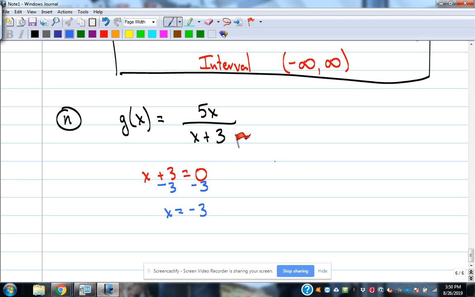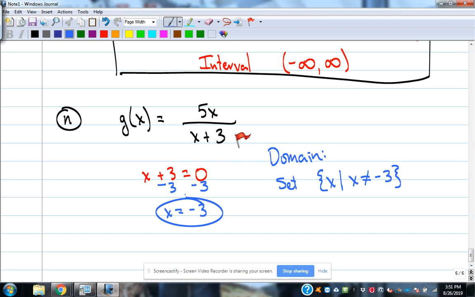So the way your domain is going to look in set notation, and this is one of those where I think set notation is easiest: x, straight up and down bar, and then you tell me what x cannot be. x cannot be -3. Okay, that's that same thing we found right there.